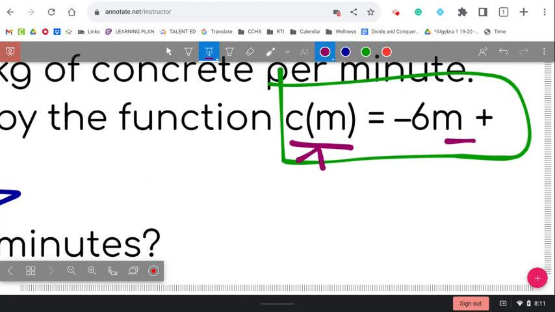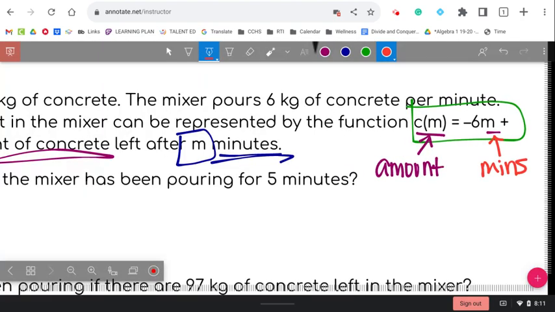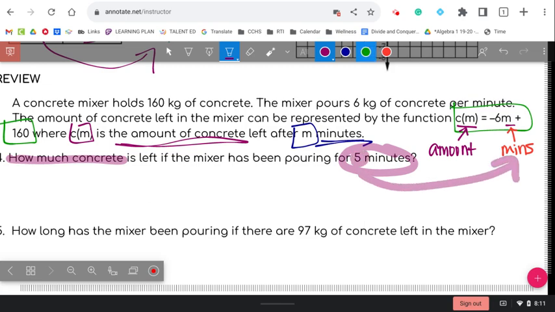So this is amount, and this is minutes. I'm going to label those because I know I will be replacing one of those numbers, and then I'll have to solve for the other. So the first question says, how much concrete is left if the mixer has been pouring for 5 minutes? It gives us the 5, so that's going to get plugged in for our minutes.